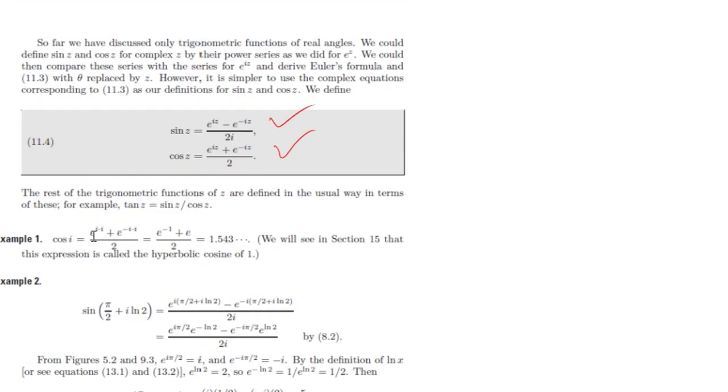Cos of iota is e to the power iota times iota plus e to the power minus iota times iota. One iota from the formula and the other iota from this thing here, and then it becomes easy to evaluate.